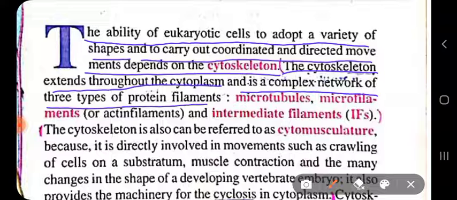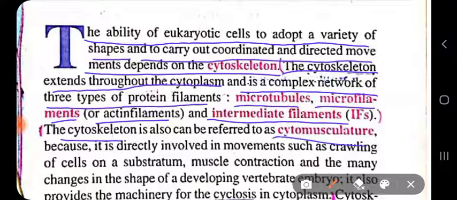What are those three protein filaments? Microtubules, microfilaments, also called actin filaments, in many books you will find them mentioned as actin filaments, and intermediate filaments. So together, the cytoskeleton is composed of these three different types of protein filaments, made up of different proteins. Some are dimeric in nature, right?